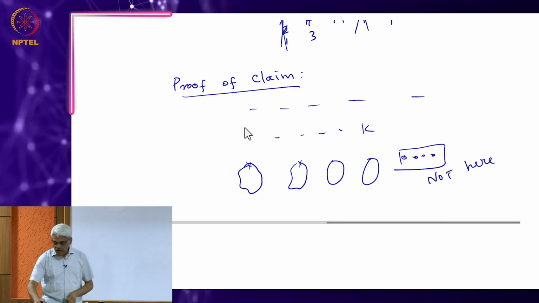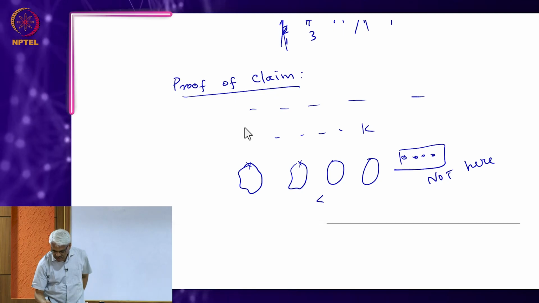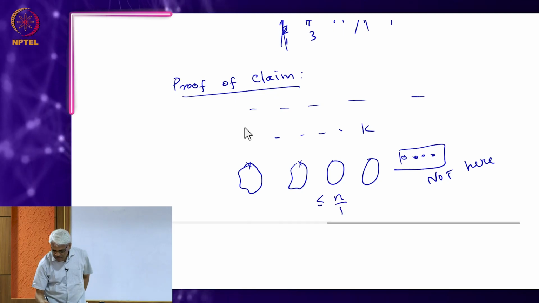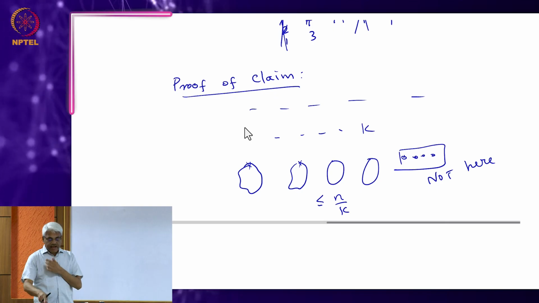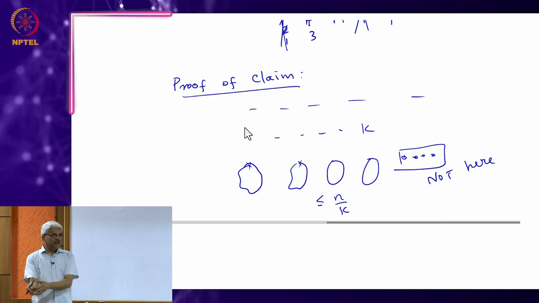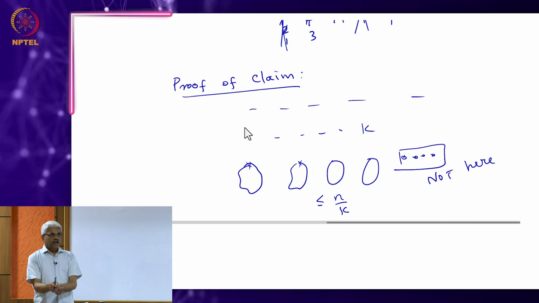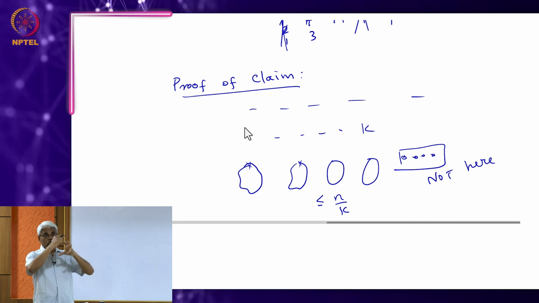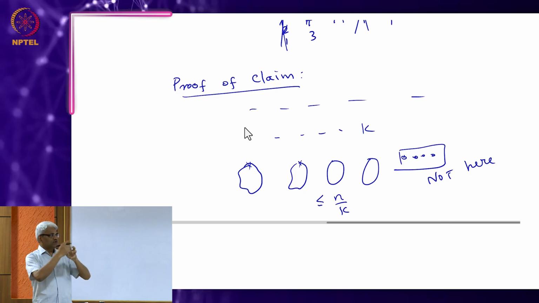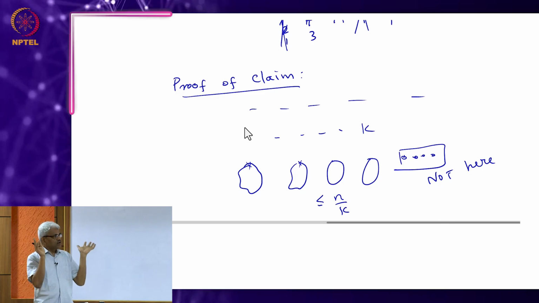Strictly, there are some more elements left. So, at best, the number of groups is n by k, right? And any element not in this final list can appear at most once in each group, because each group has all distinct elements. Okay, that's it, end of story, right?